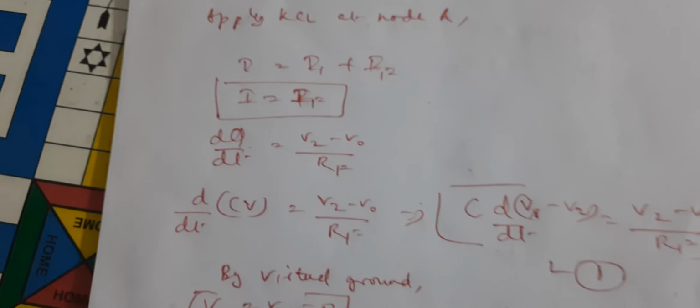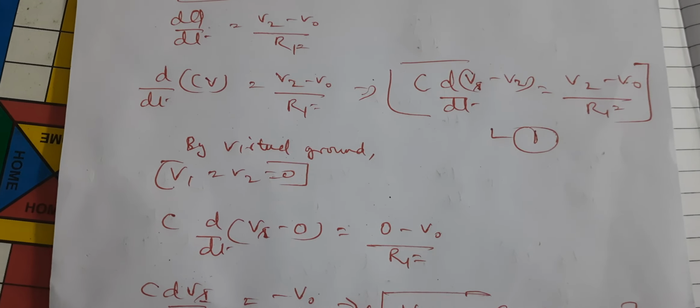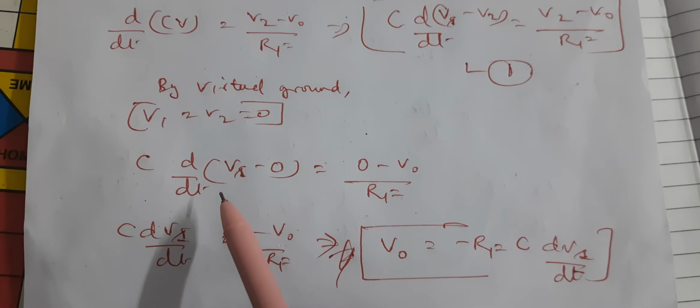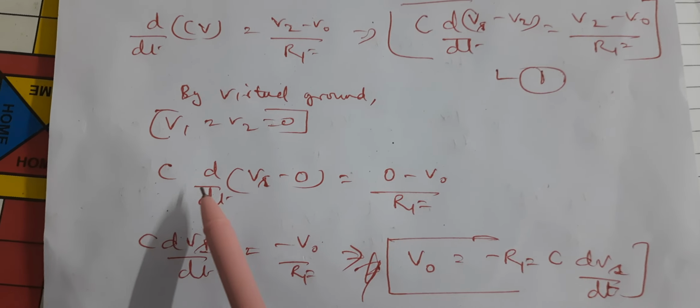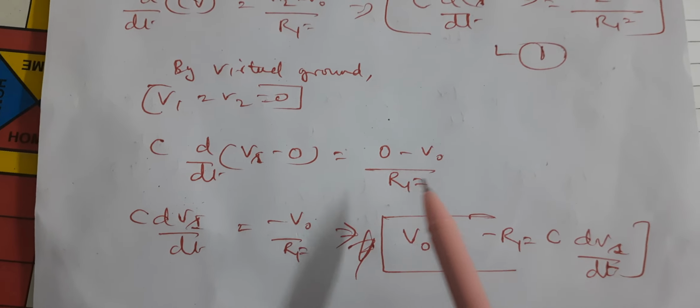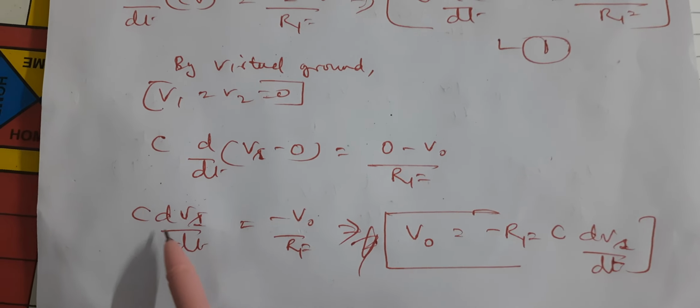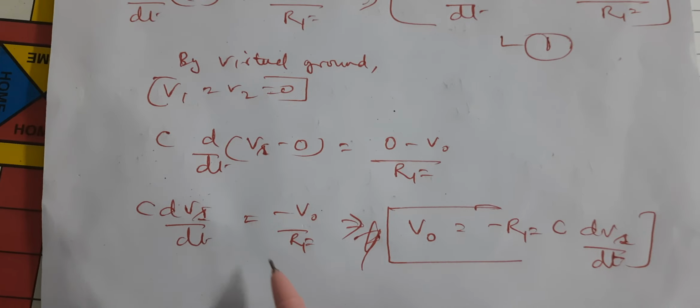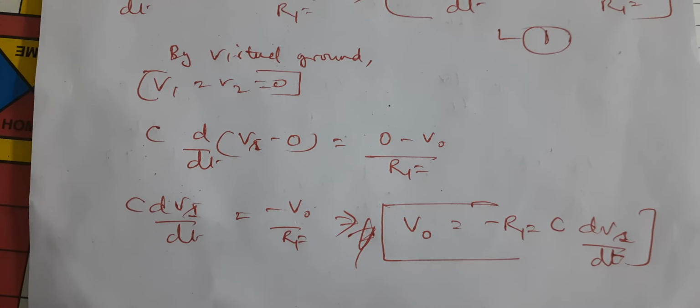Now keeping the value of V2 here, C d by dt of Vs minus 0 is equal to 0 minus V0 by RF. So C d by dt of Vs is equal to minus V0 by RF.